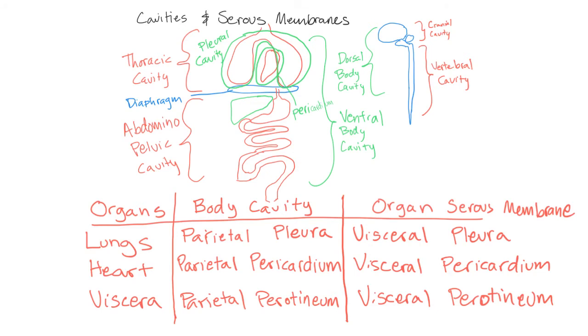It gives the example in the book of a balloon. So when it was first formed, it would be like a balloon, and then the organs kind of push into it. So then now you have two layers next to each other, but it is all one continuous membrane. But yeah, that's a good anatomical detail to point out.